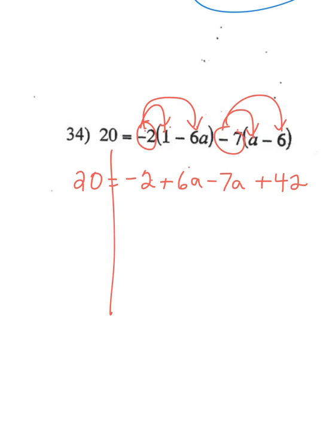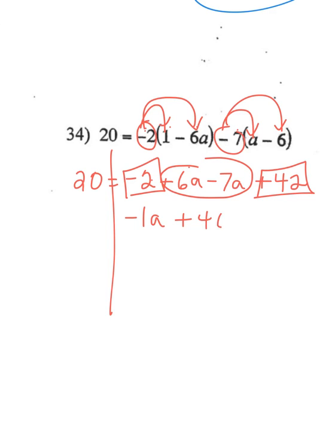Okay, here we go. I'm going to combine these a's right there, which will give me negative 1a. And then I'm going to combine a negative 2 and positive 42, plus 40 equals 20.